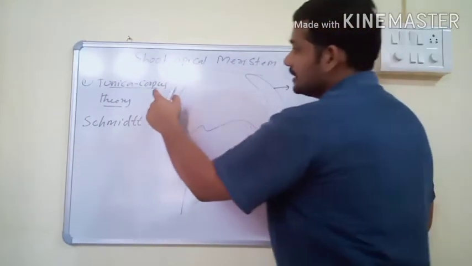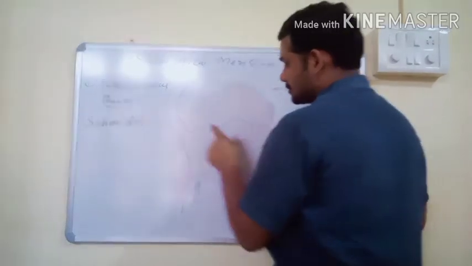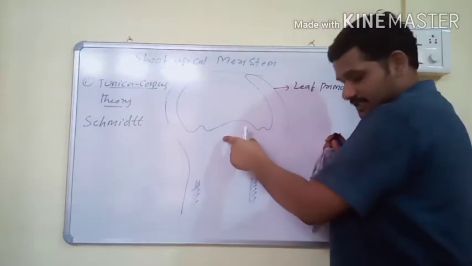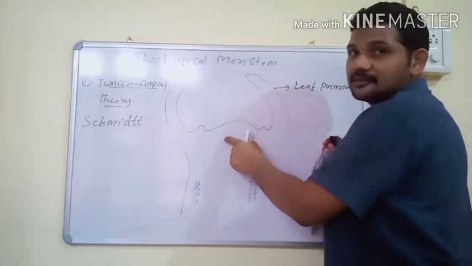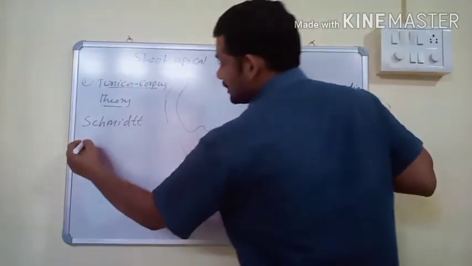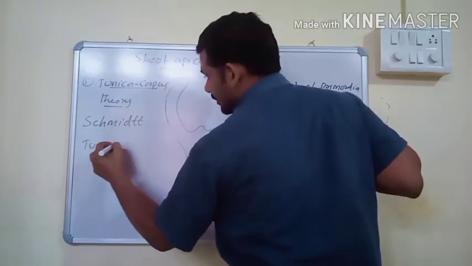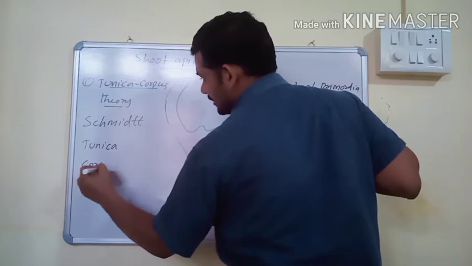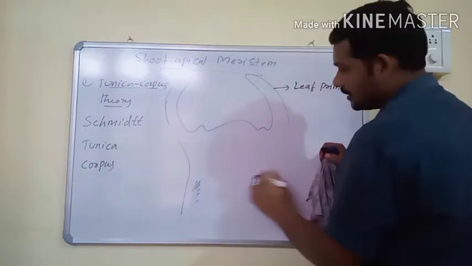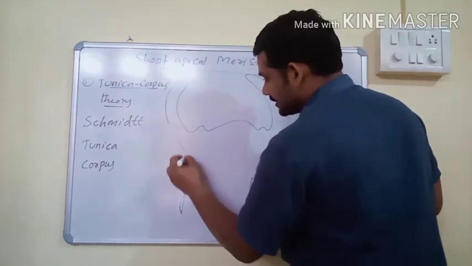According to the tunica corpus theory, the shoot apical meristem has two parts: the outer tunica and the inner corpus.